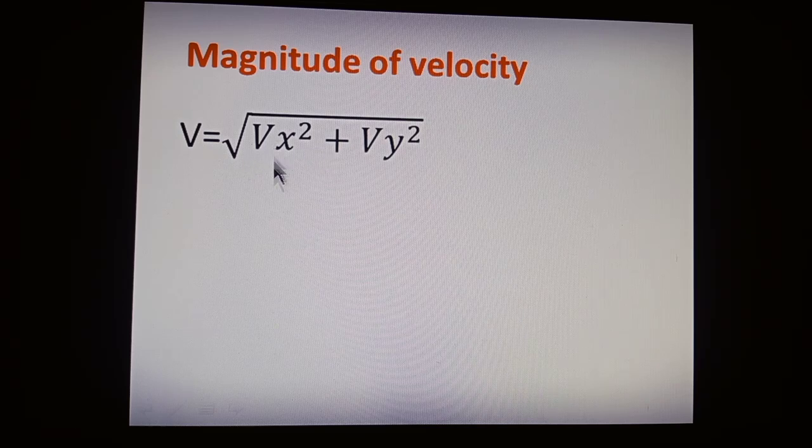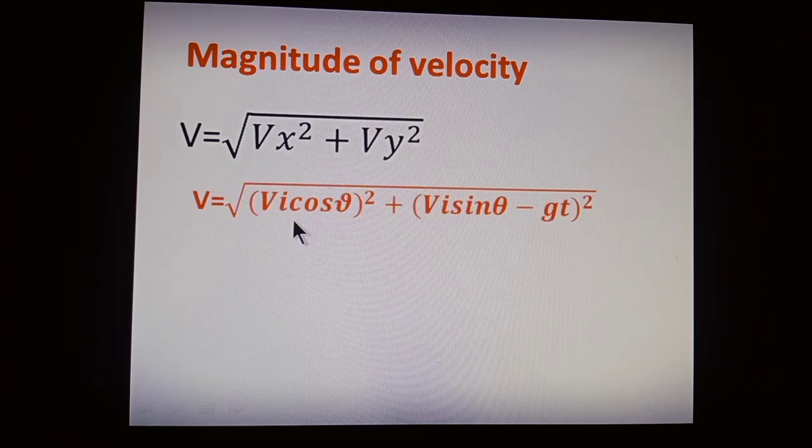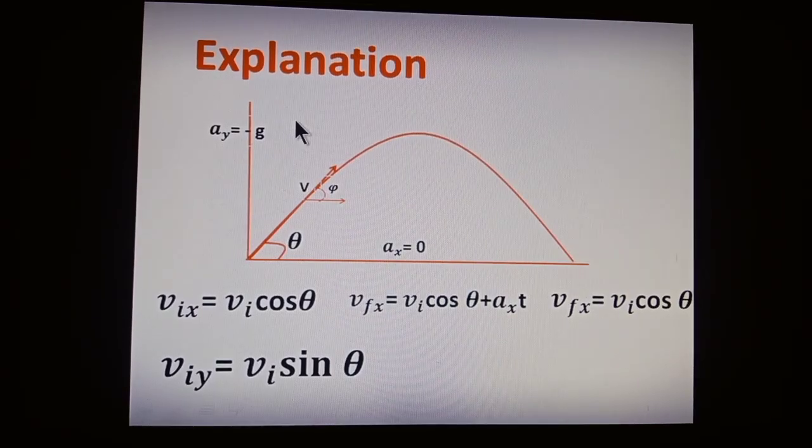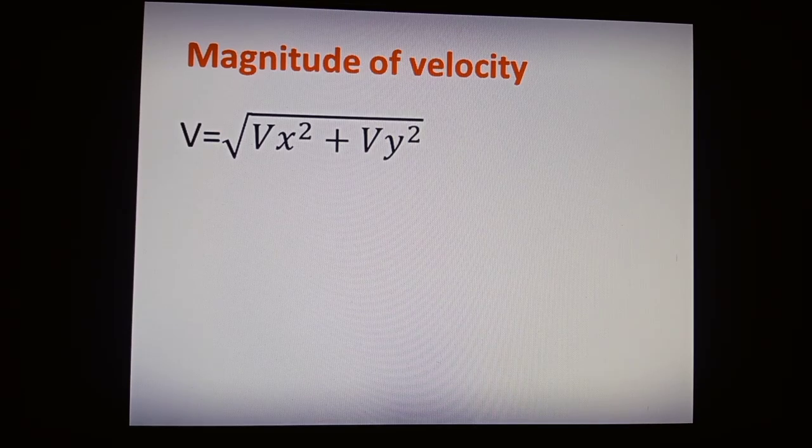Inserting the value of vx and vy, we get v equals to square root of (vi cos theta) whole square plus (vi sin theta minus gt) whole square. Students, this is the equation that we use to find the value of velocity, magnitude of the velocity of the projectile at any time during its flight.